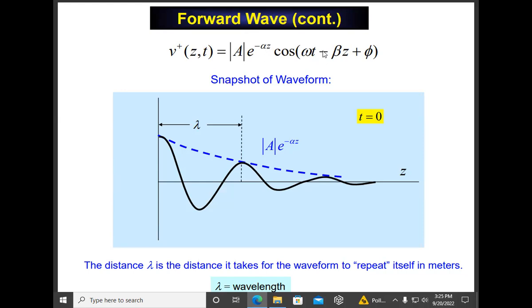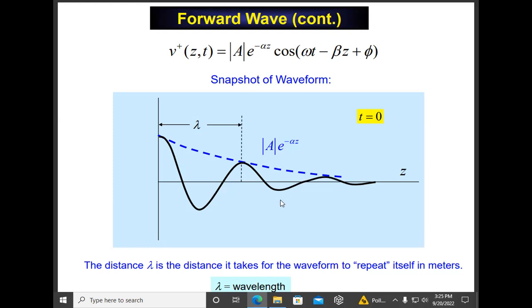So notice that this waveform has what I'll call an envelope, which is described by this term out in front, which I put in blue here, magnitude of A, e to the minus alpha z. That's like the envelope, and then the actual time domain signal plotted versus z is the squiggly black curve oscillating but staying within the envelope like that. Okay, does that make sense? And why is it getting smaller? Because of the loss, right, on the coax.